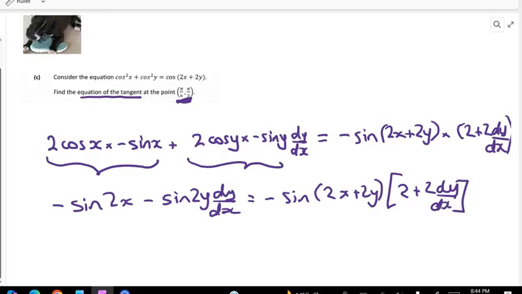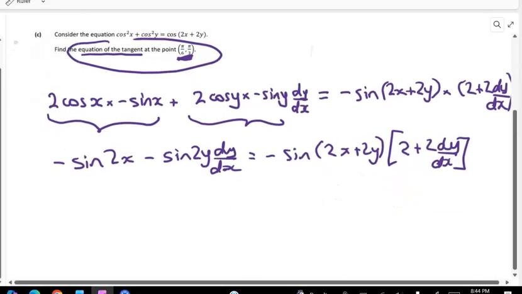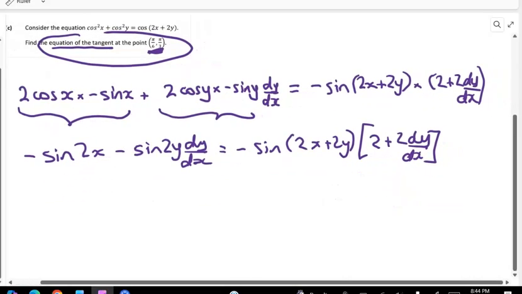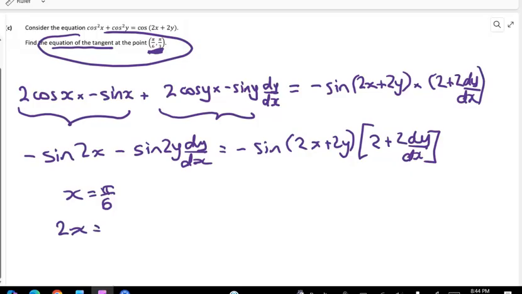So we could go to a whole lot of effort now to make dy by dx the subject, or we could realise that we just needed to find the equation of the tangent at pi on 6 and pi on 3. So if x is pi on 6, then 2x is pi on 3. If y is pi on 3, 2y is equal to 2 pi on 3.